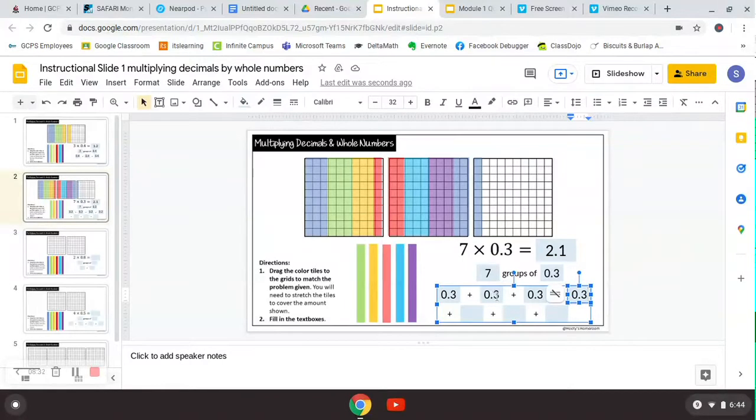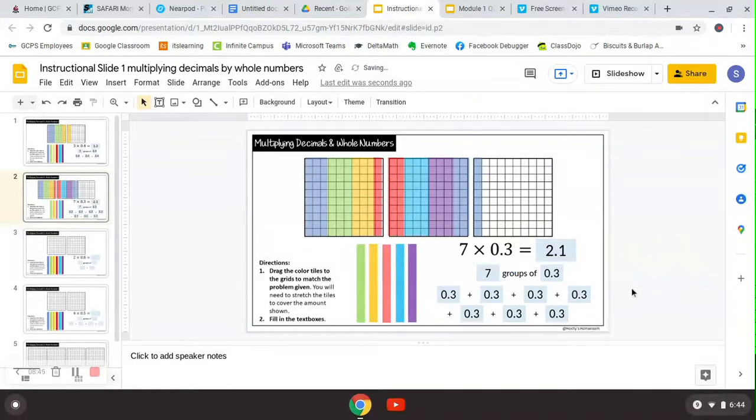So 0.3, 3/10, 3/10, 3/10. And now we have a repeated addition equation that is going to get us the same answer as our multiplication, 7 times 3/10.